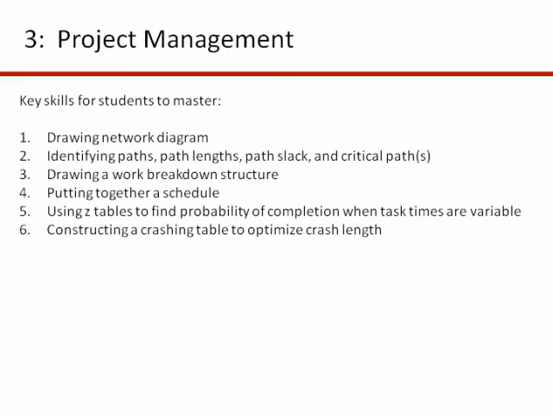So drawing a network diagram and then identifying the path durations, critical path, and all that, that is what I would call project analysis. The third and fourth one are more interesting from a practical standpoint.